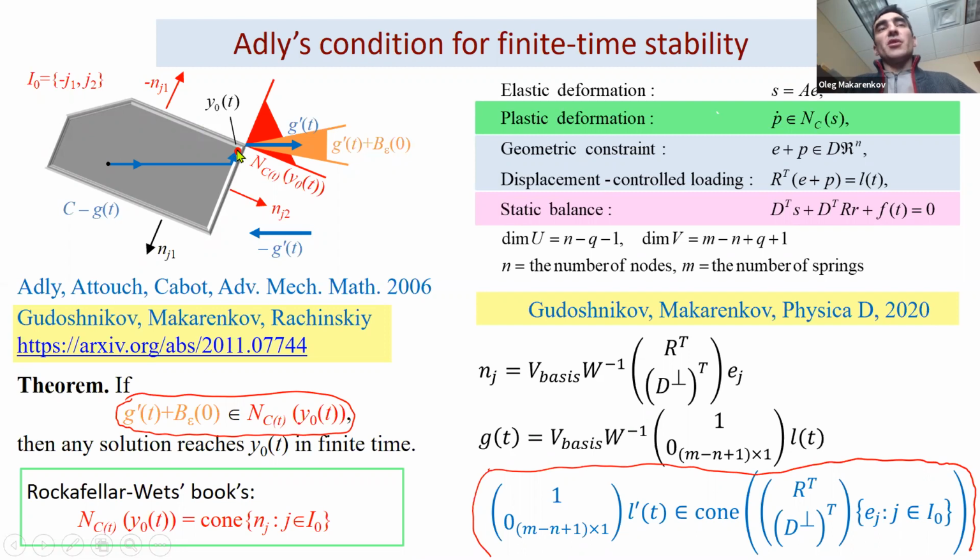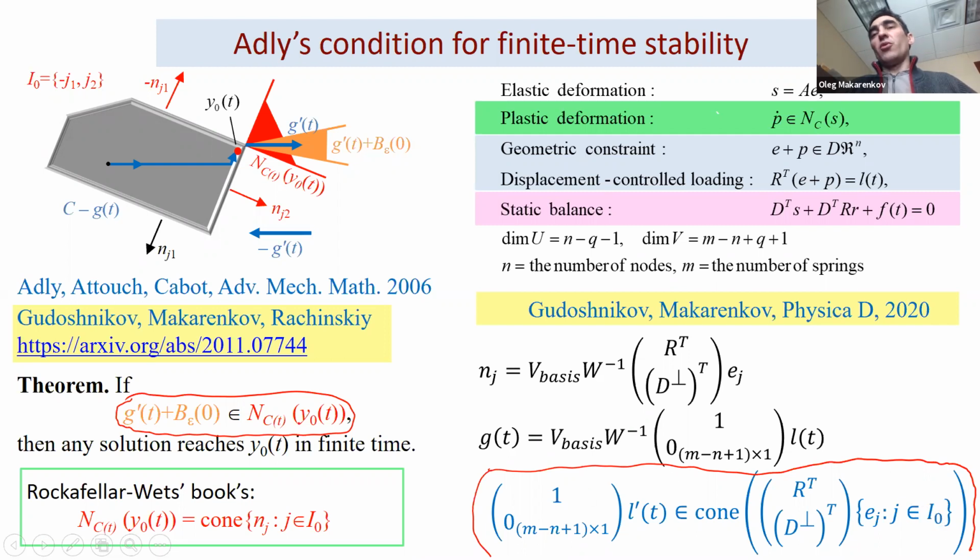Therefore, to this vertex we can associate a list of indexes of normal vectors which form this vertex. This is denoted I0, and it appears also here in this equation.